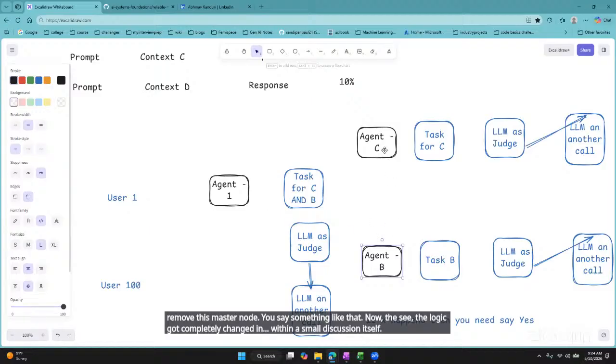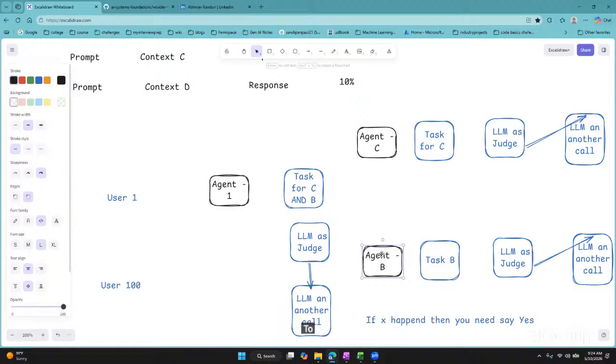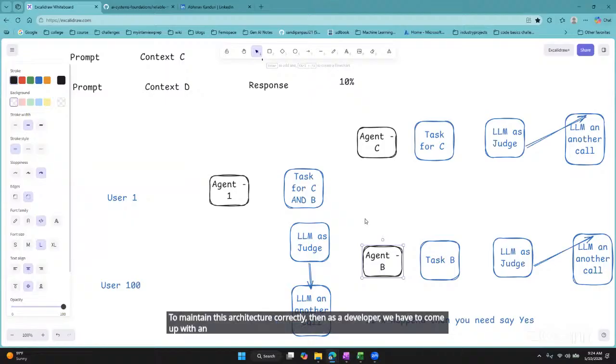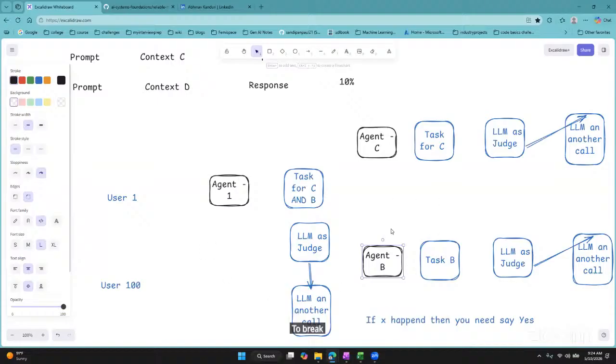Then to maintain this architecture correctly, as developers we have to come up with additional logic, or some rule logic, to break this problem or to improve the accuracy in a better way. How could we do that?